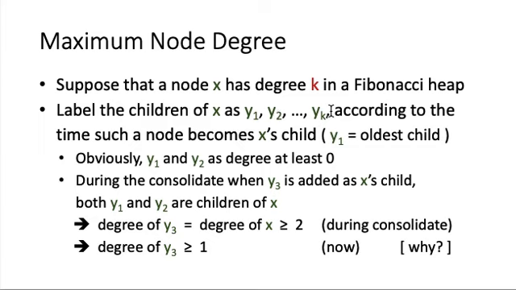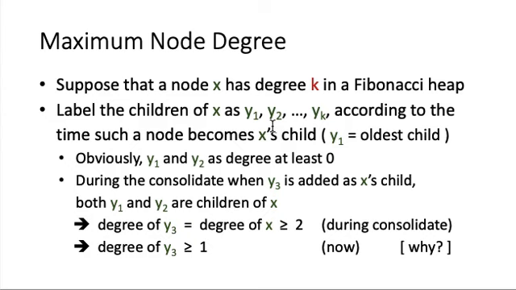All the nodes become the children of another node only due to the consolidate process, if you still recall. So the nodes y1, y2, y3, up to yk will be added as the children of x during some consolidate operation.